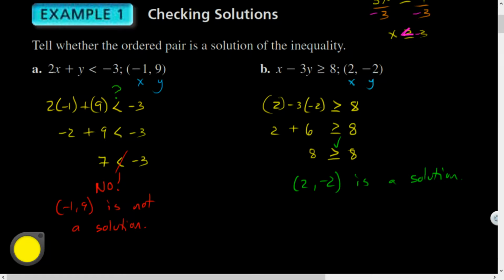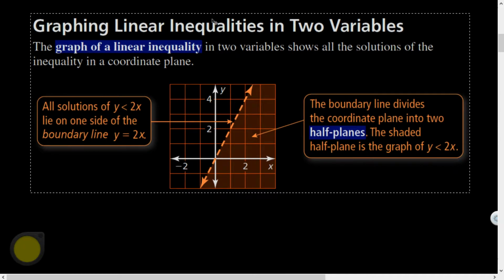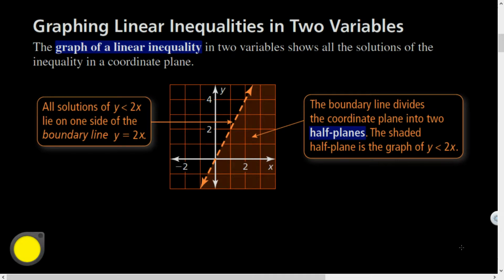So that's just the idea of, is something a solution? Is something not a solution? Let's take a look at this idea. So what if I wanted to graph these? If they have x's and y's, that means my graph is going to need an x-axis and a y-axis, and I'm actually going to have a 2-dimensional inequality.